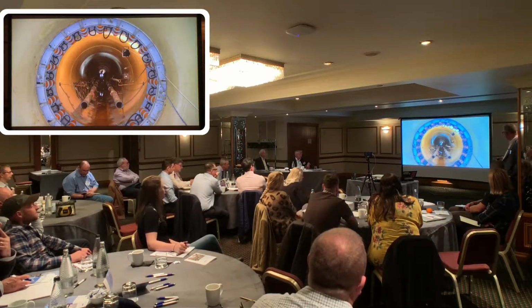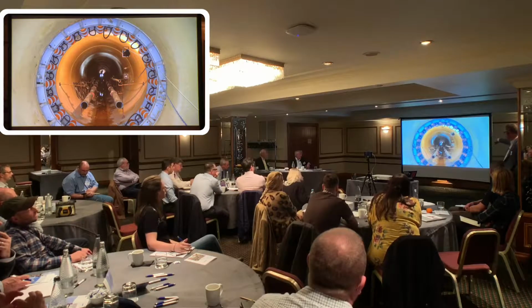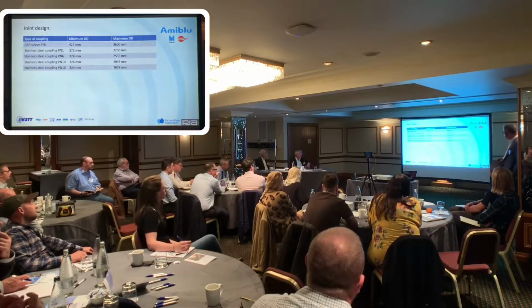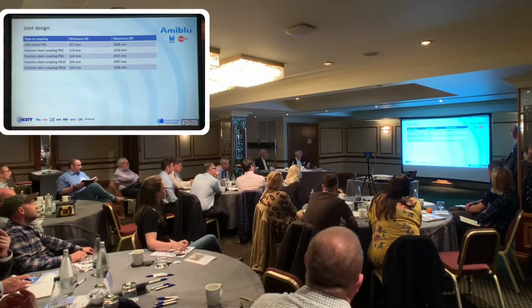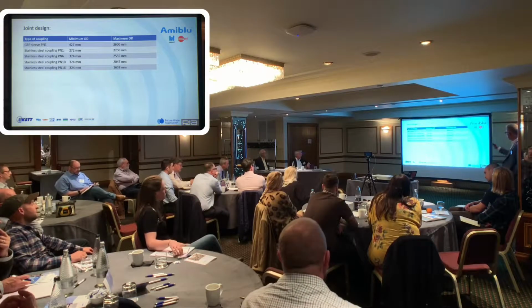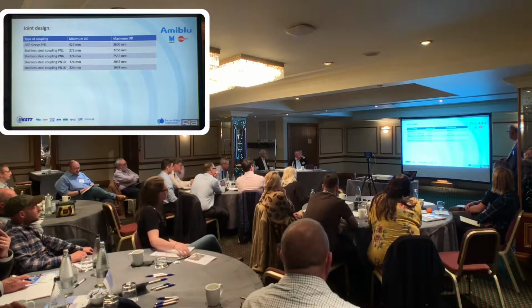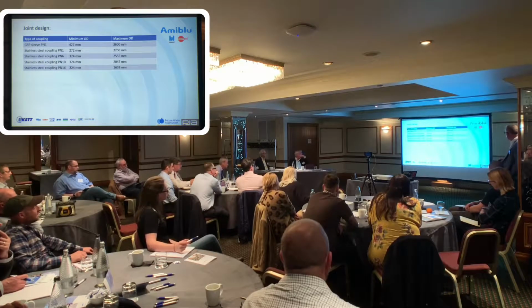An example of an intermediate jacking station. All the jacks are built in. Our product range related to the coupler: the GRP sleeve goes from 400 up to 3600 for gravity.